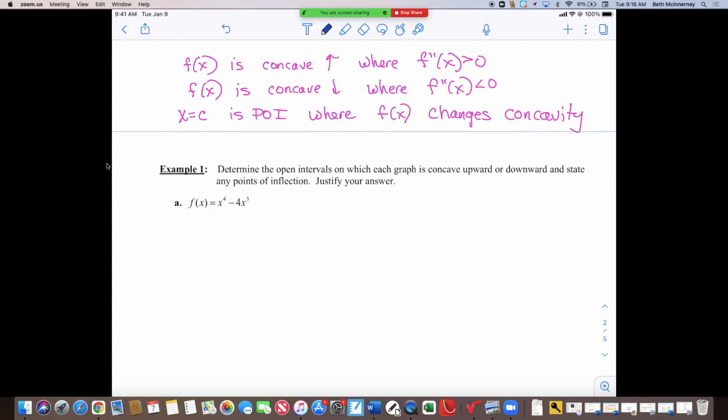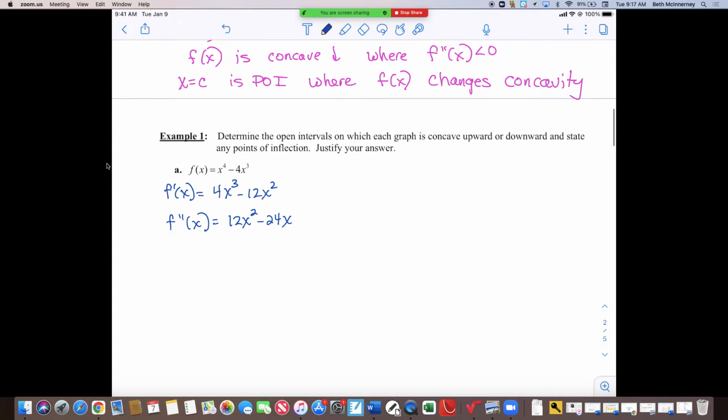All right, here we go. So I'm going to find the first derivative. And then I'm going to go on to the second derivative. Now, can you tell there's no location where the second derivative is undefined? It's a polynomial.